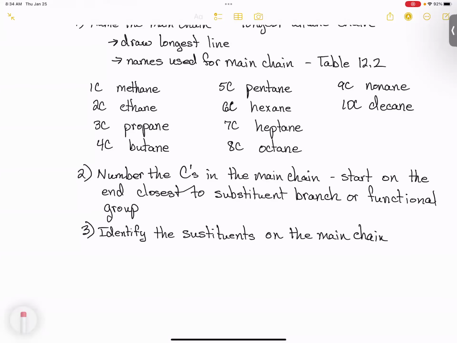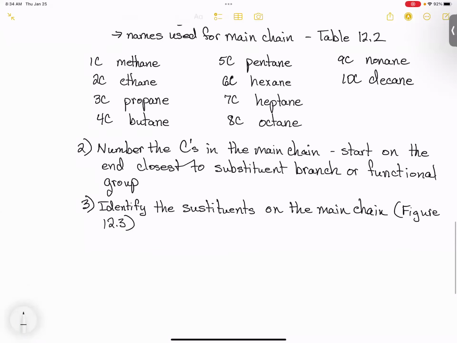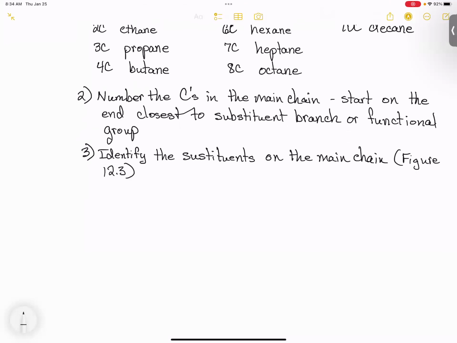This is found in figure 12.3 in your textbook. But I'll also do them here so that you have a record of them in case you don't have the textbook as of yet or something of that nature.